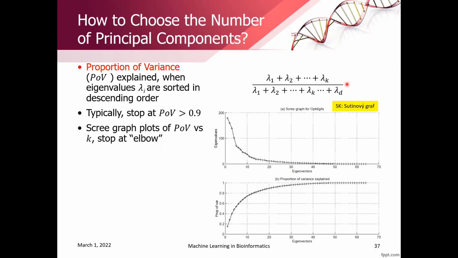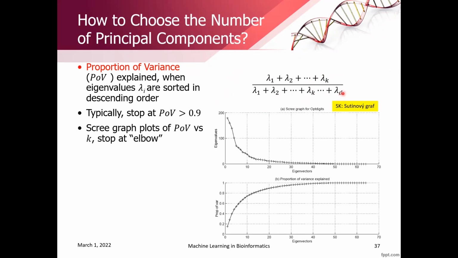How to select k? If we have the eigenvalues lambda i of all eigenvalues of the original covariance matrix, then the value of the sum of the first k largest eigenvalues divided by the sum of all eigenvalues is called proportion of variance.